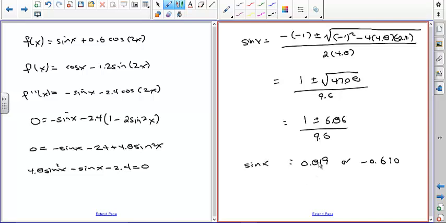And then let's say this one, if you take the inverse sine of 0.819, put it in radians. I'll change that from yesterday.